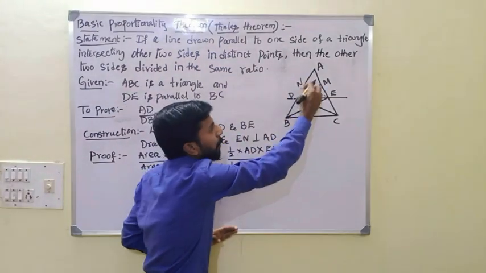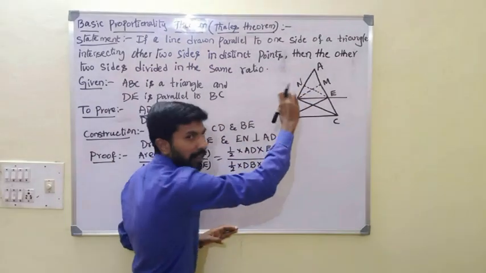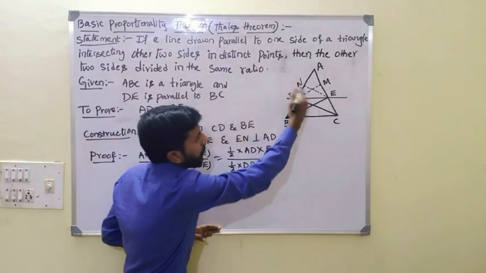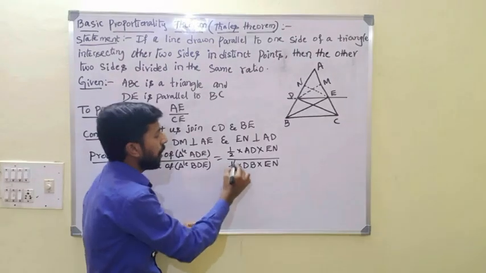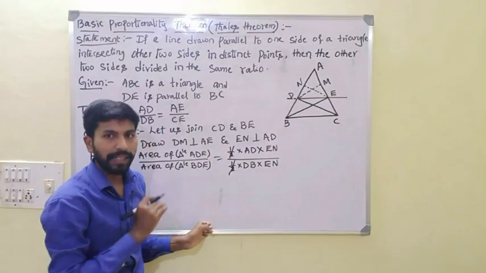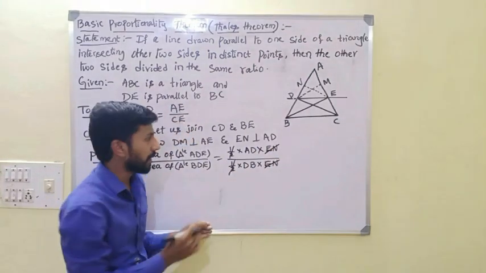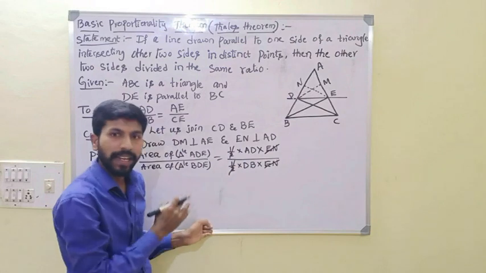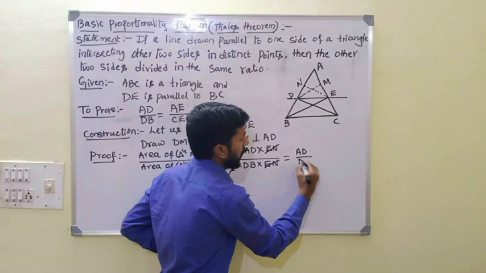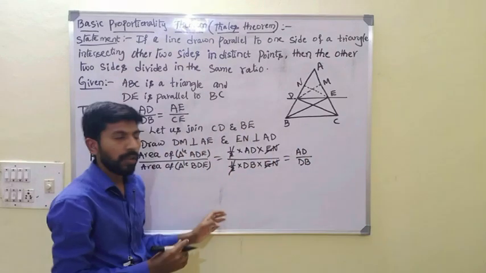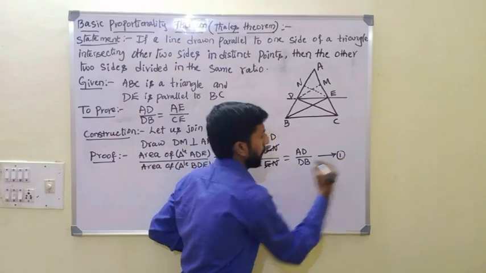We have extended this line up to here because this is not the perpendicular height, this will be a little less. So the perpendicular is EM. Now what can I do here? Half I can cancel, and EN also I can cancel. The remaining is AD divided by DB. This I'll take as equation 1.